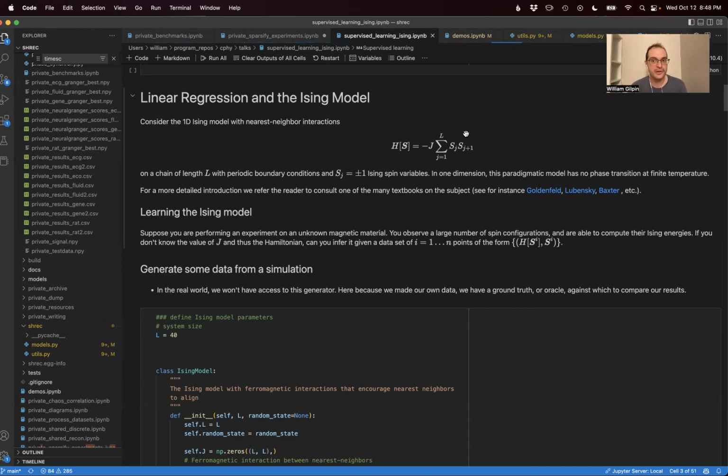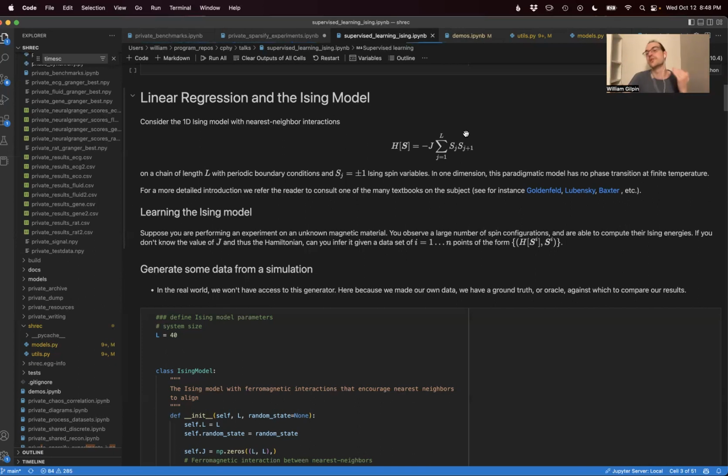Okay, so then the learning problem we're trying to solve is that I've been given some material that's a bunch of spins. I can measure every single spin state, so I can get microstates. My x vector is this big binary vector. And at the same time, I can also measure the energy of each state. So my data points are this S vector, which is this binary vector, and my labels, our targets, are just the energies.